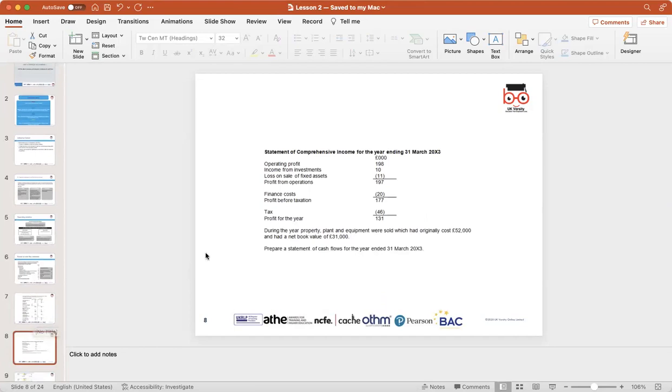The statement of comprehensive income for the year ending 31st March 2023 shows operating profit, income from investments, loss on sale of fixed asset, profit from operations, finance costs, profit before tax, tax, and profit for the year. During the year, property, plant and equipment were sold, which had originally cost £52,000 and had a net book value of £31,000. Prepare a statement of cash flow for the year ended 31st March 2023.